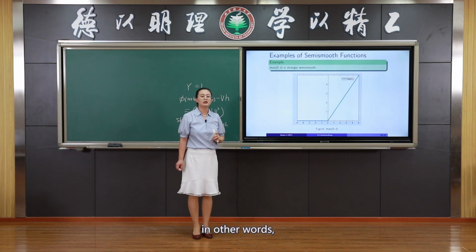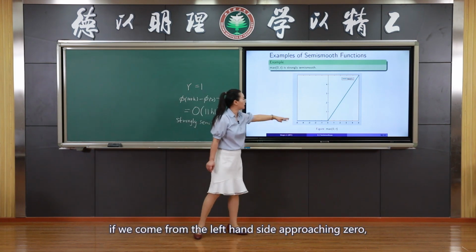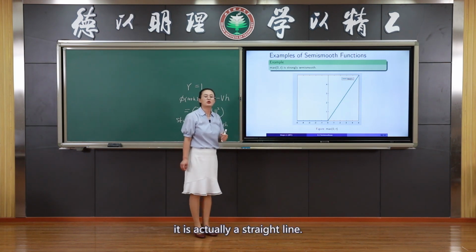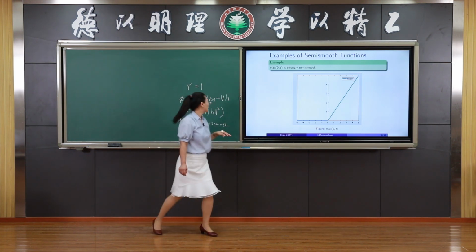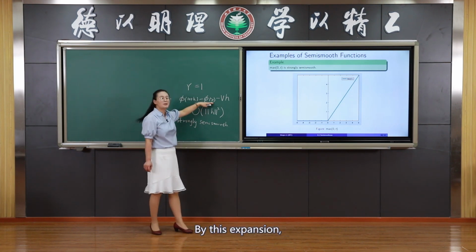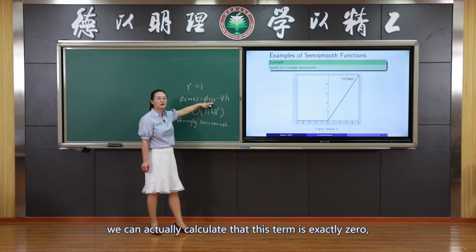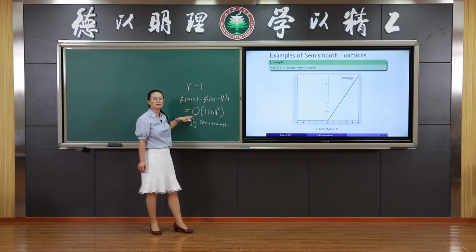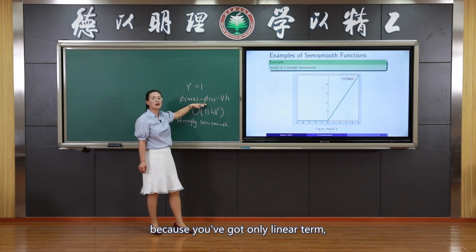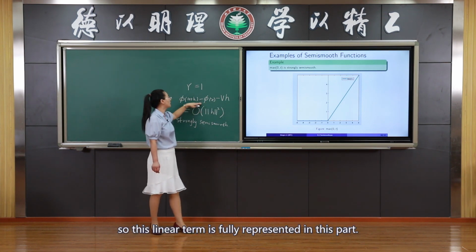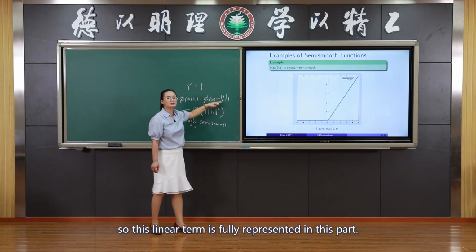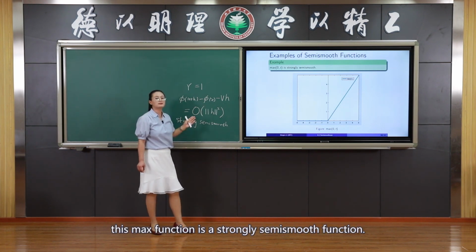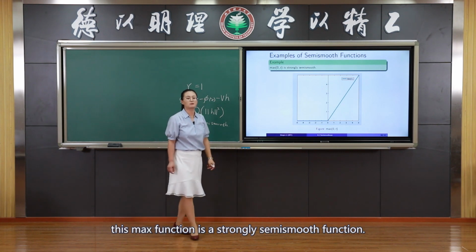So if we come from the left-hand side approaching 0, it is actually a straight line. By this expansion, we can calculate that this term is exactly 0 because there is only a linear term. This linear term is fully represented in this part, and this term will be 0. In other words, the max function is a strongly semi-smooth function.